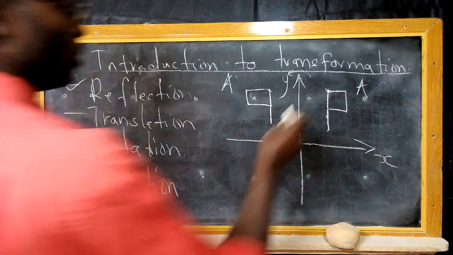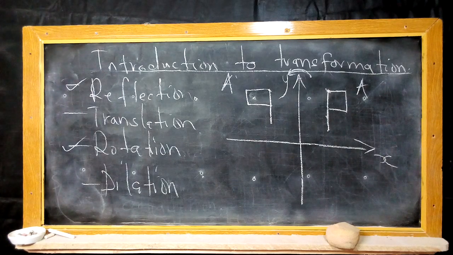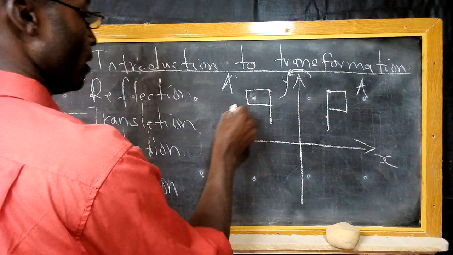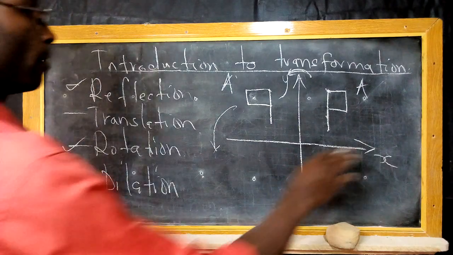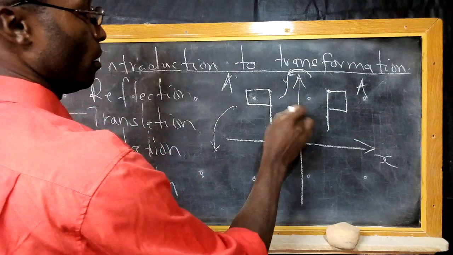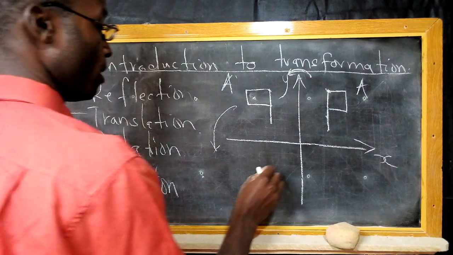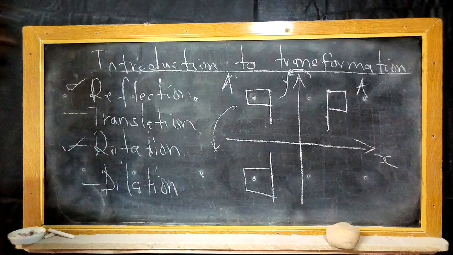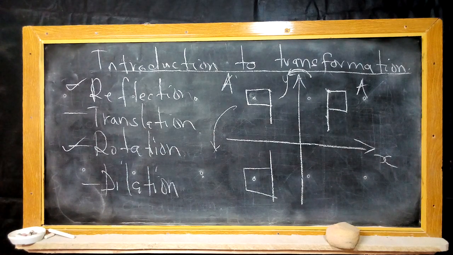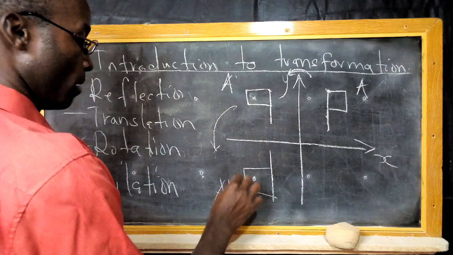When we do like that, we can call it the first reflection. And then we can decide to reflect this image, A prime, in the x-axis. So the first is reflection in the y-axis, and the second is reflection in the x-axis on that side. The third image, we are going to call A prime prime.